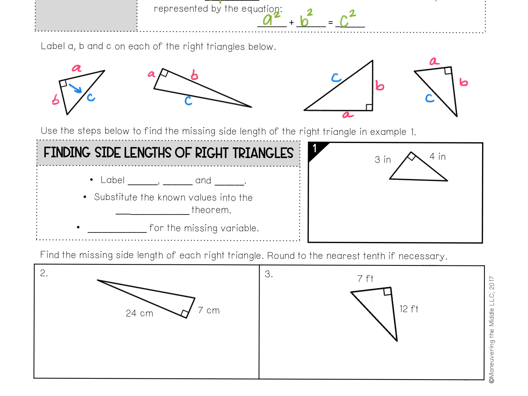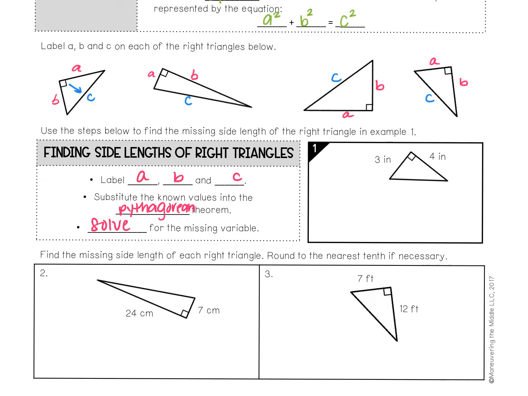Now we're going to look at how to use the Pythagorean theorem to find missing sides of a right triangle. So first we're going to label the legs and the hypotenuse, or A, B, and C. And that's going to help us figure out which side is missing. We're going to substitute the known values into the Pythagorean theorem. And we're going to solve for the missing variable.